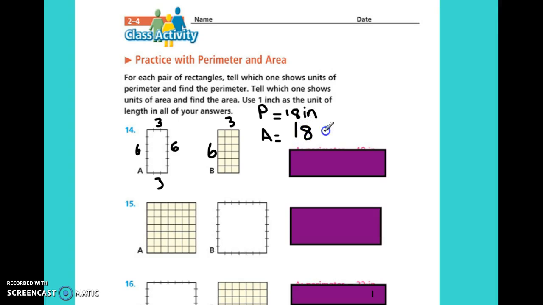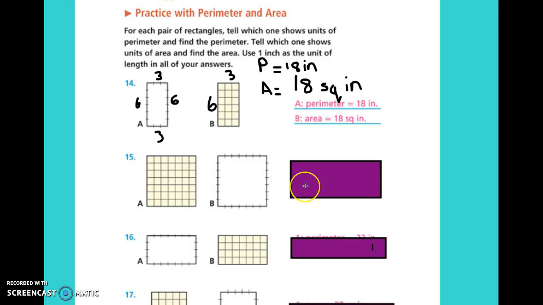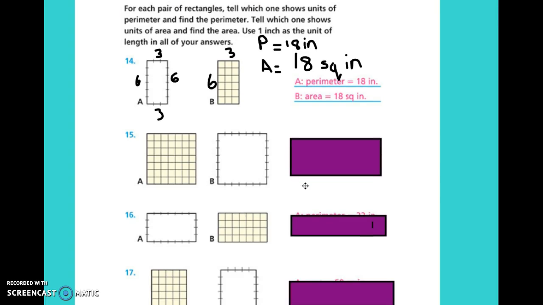And then we're going to put square inches, because whenever we do area, it's always in square units. And in this case, it was inches. So 18 square inches. And let's see if we are right. Click on it. Yep, we've got perimeter is 18 inches and the area is 18 square inches.